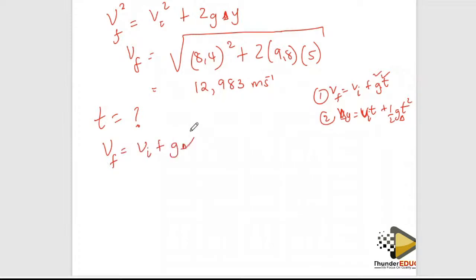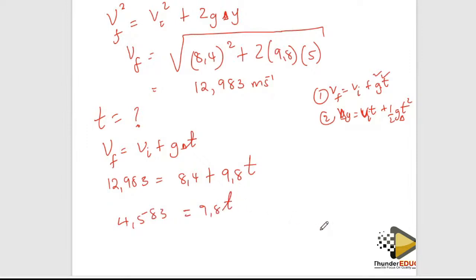VI plus G times delta T. So our VF was 12.983, which is equal to the VI, which is 8.4, plus 9.8 times T. The object is still dropping down. I'll move the 8.4 that side, so 12.983 minus 8.4 gives me 4.583 is equal to 9.8 T. Then divide both sides by 9.8.